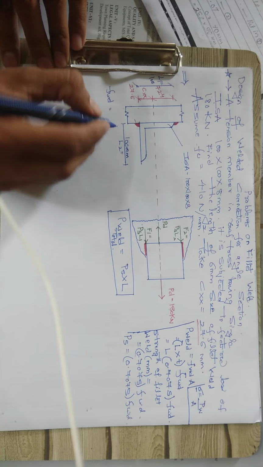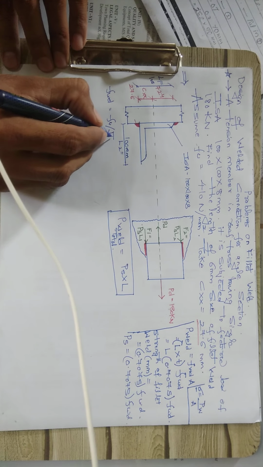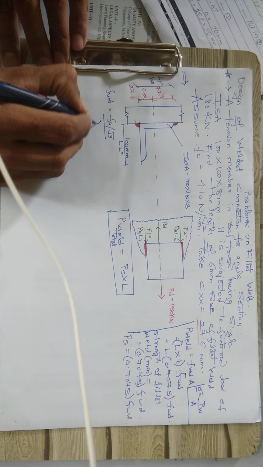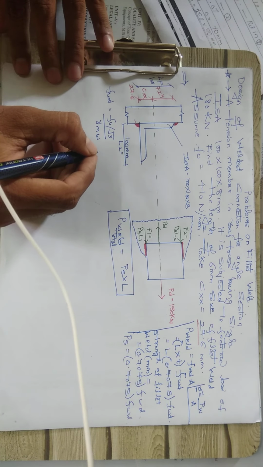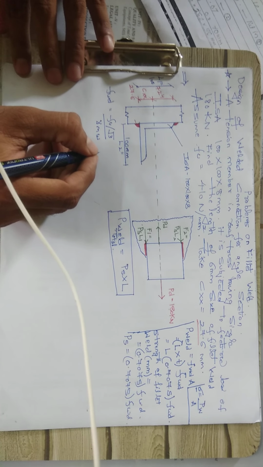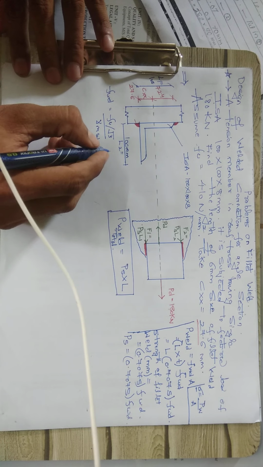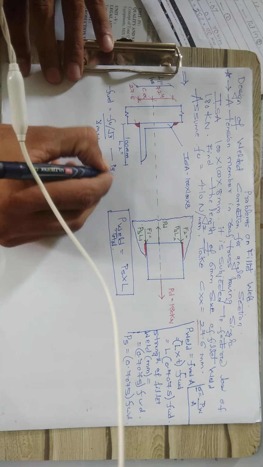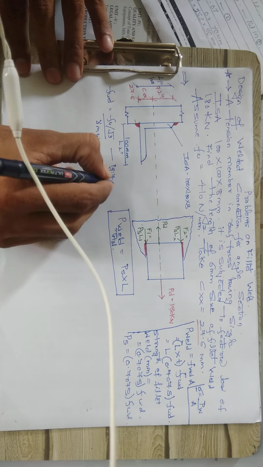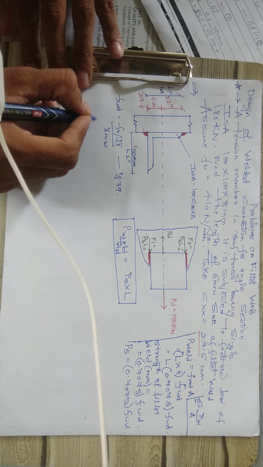The formula for this is FU divided by square root of 3, divided by gamma MW. This formula is simple. You can refer to IS 800:2007 also, page number 79.